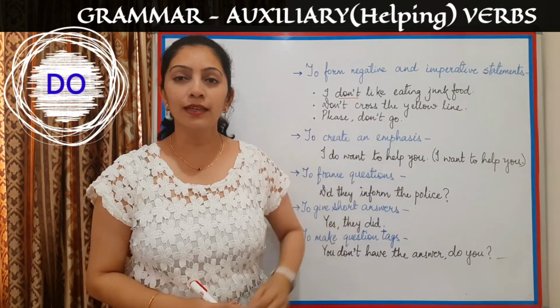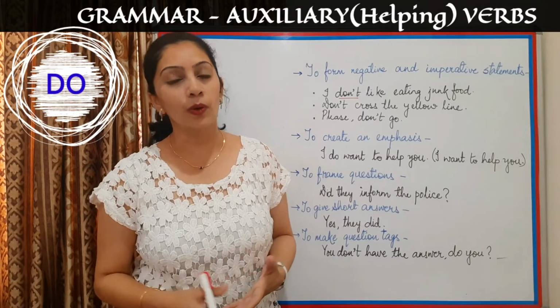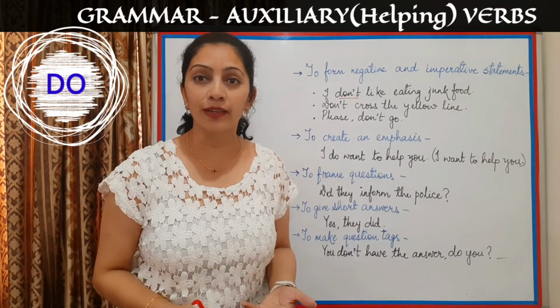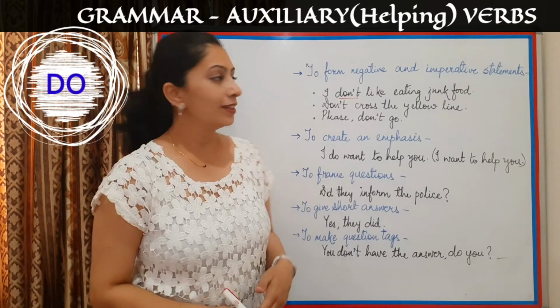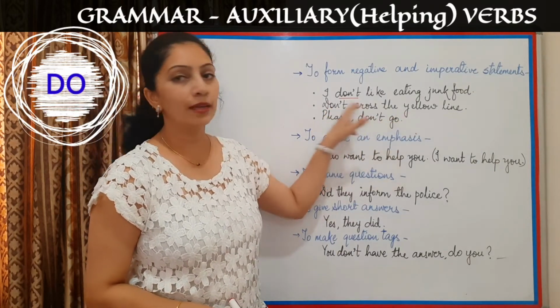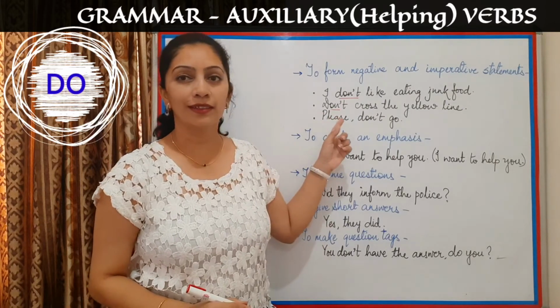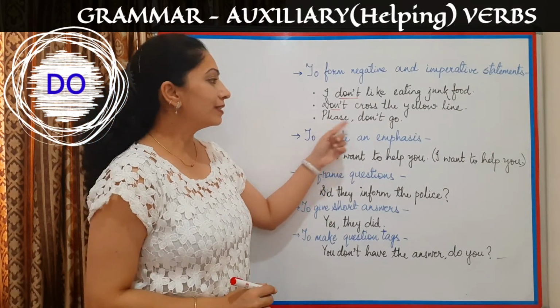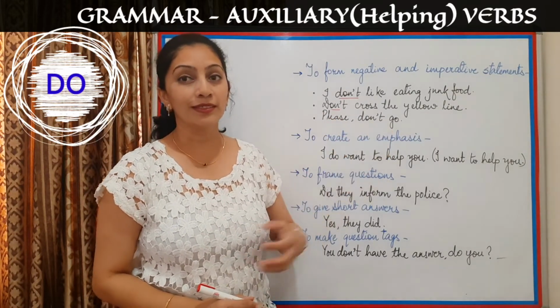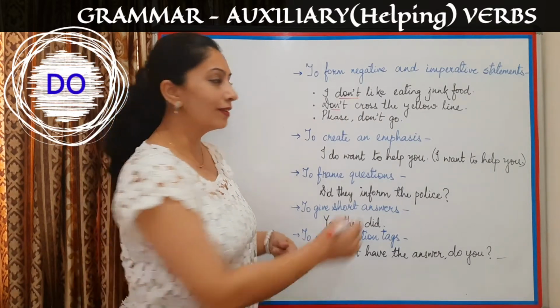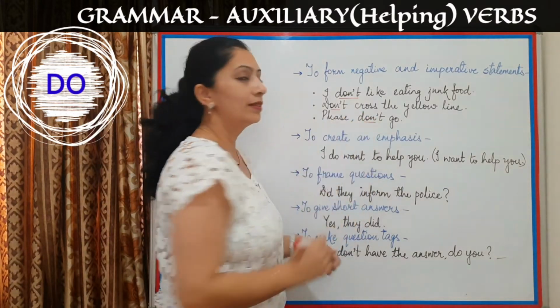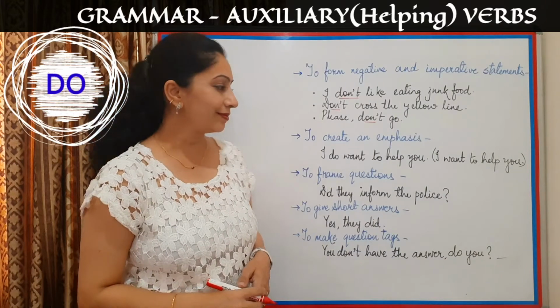Imperative statements are commands, requests, orders, suggestions, advice, etc. So since this is an imperative statement, the don't here acts like an auxiliary verb. Please don't go. Now this is a request, again an imperative. We have the verb don't here.